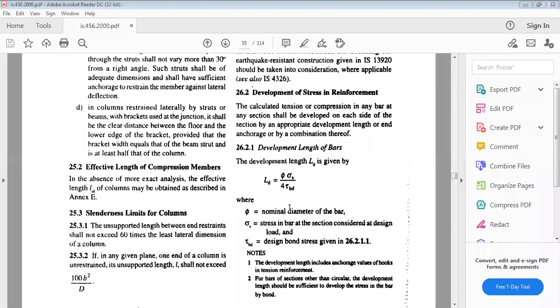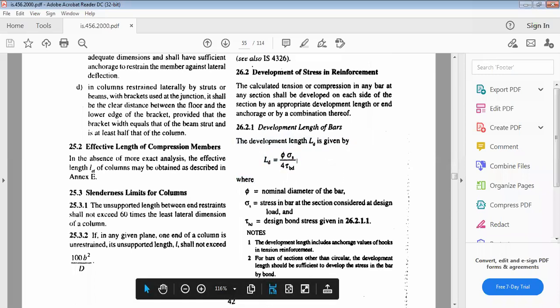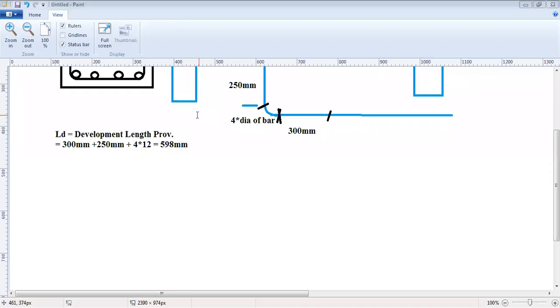The development length required as per code is from this equation: LD equals phi sigma s by 4 tau BD.